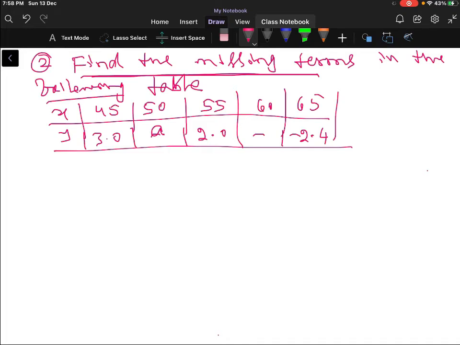At x equal to 60, y is unknown, we call it b. And at x equal to 65, y is minus 2.4. Let us find out the missing terms a and b by using the forward differences. Let us construct the forward difference table.